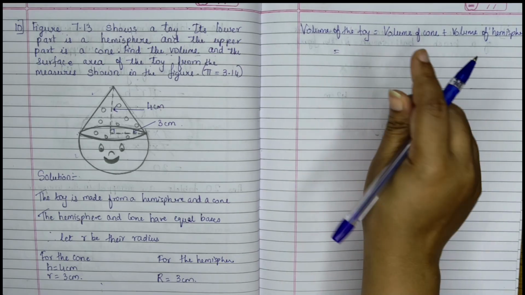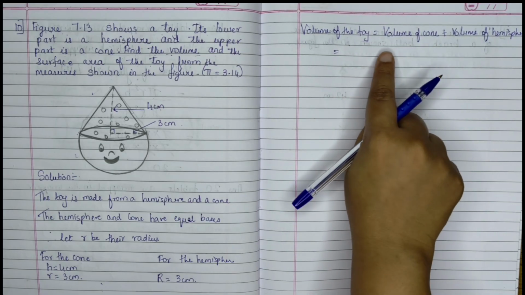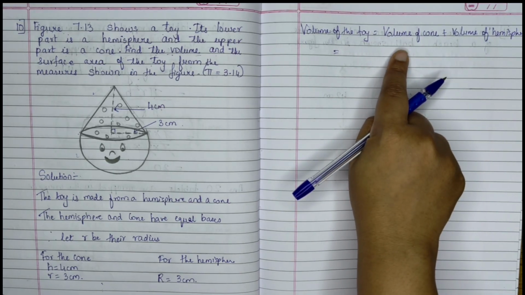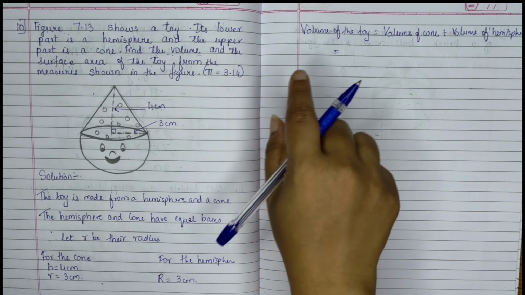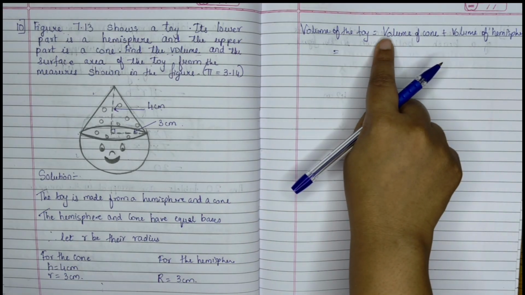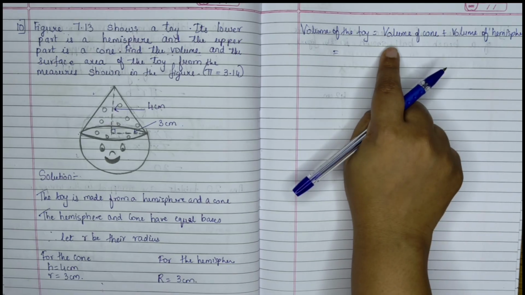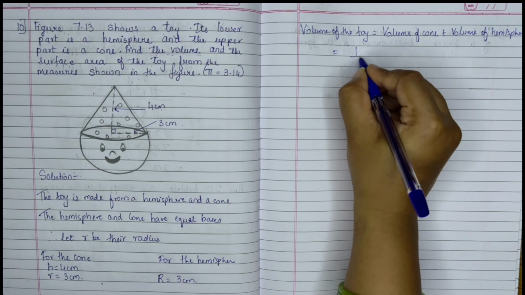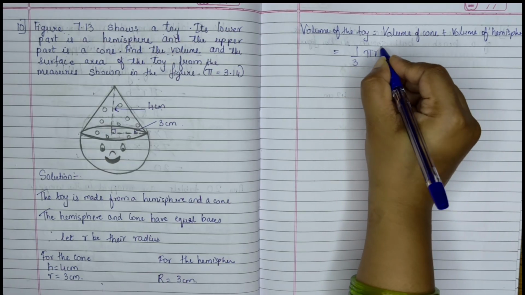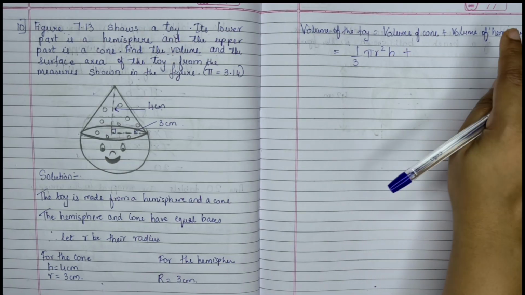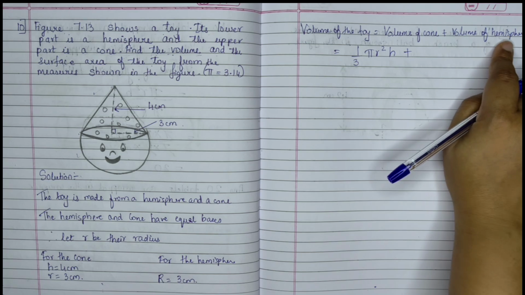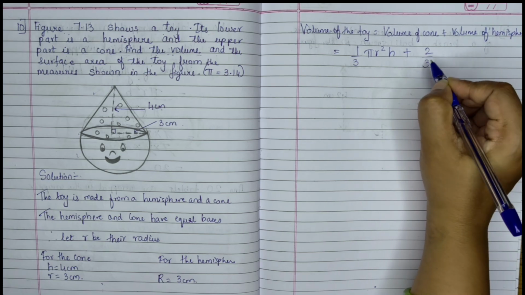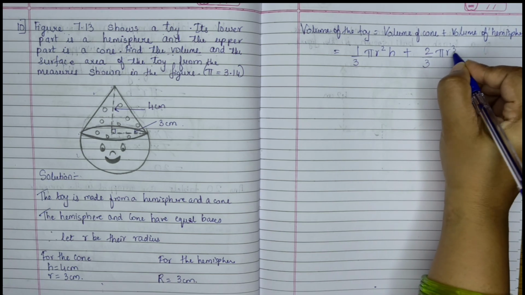Now write the formulas. Volume of cone is equal to 1 upon 3 pi r square h, plus volume of hemisphere, which is equal to 2 upon 3 pi r cube.